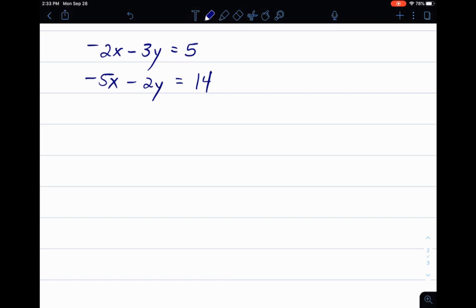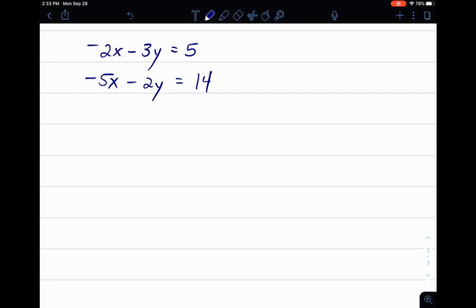Is there any one number that we could multiply by that's going to get us to where we need to go? So this is the situation where we're not just going to multiply one of the equations by something, we're going to have to multiply both of them by something.